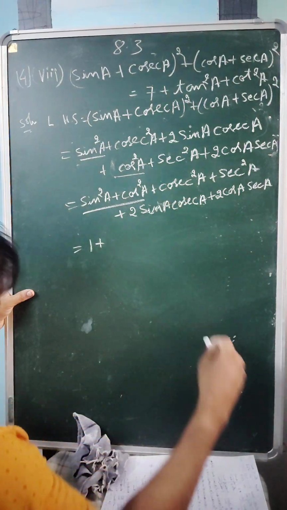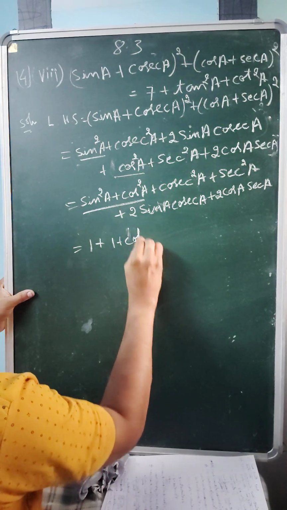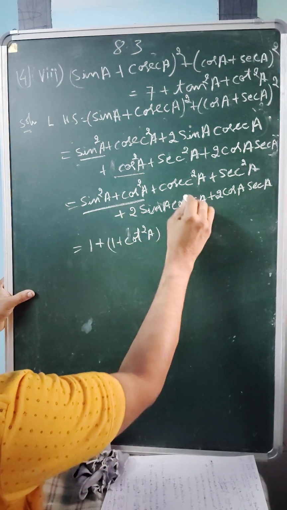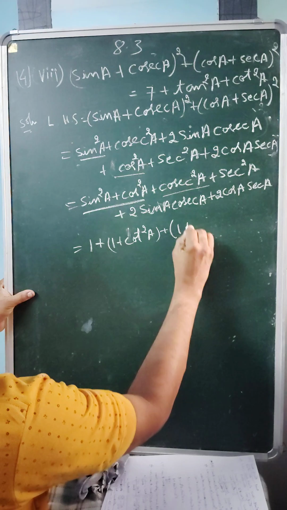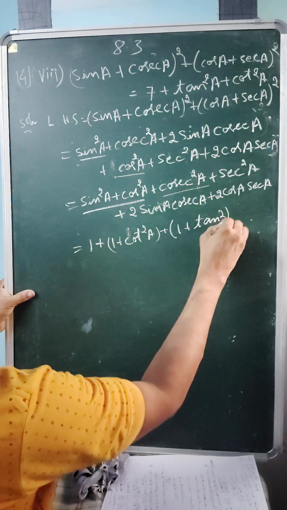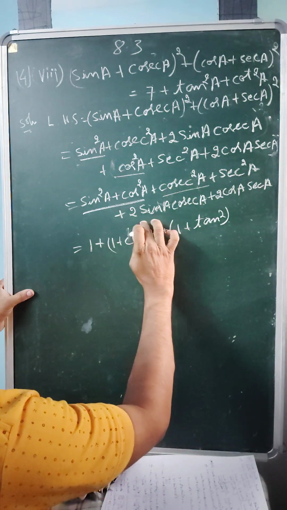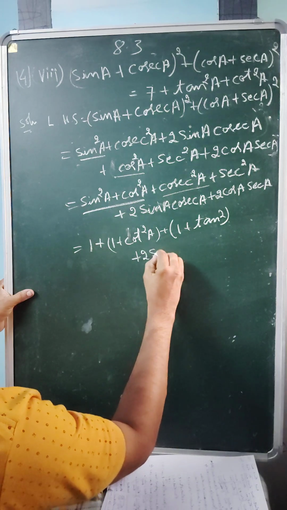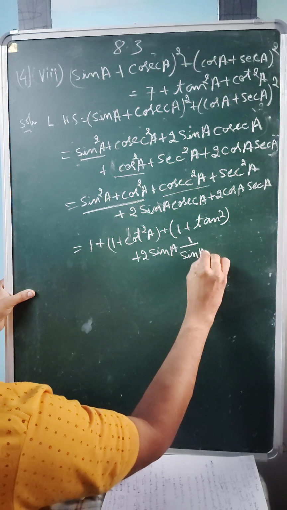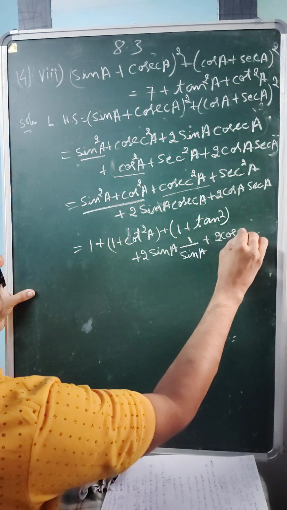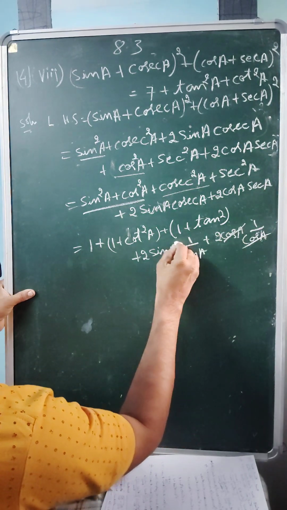Plus, instead of cosecant square A, I will write 1 plus cot square A; for secant square A, I will write 1 plus tan square A. Here plus 2 sin A, instead of cosecant A, 1 by sin A, plus 2 cos A, instead of secant A, 1 by cos A. These can get cancelled.